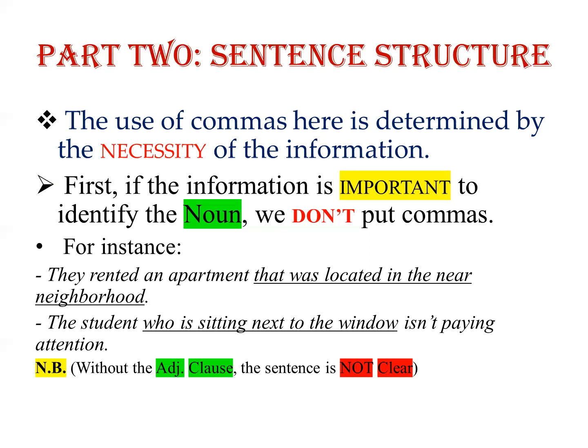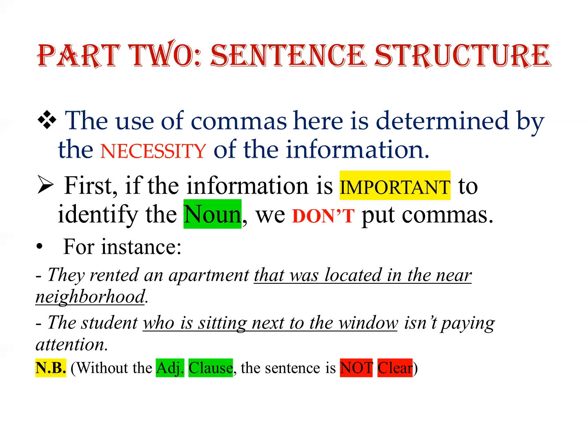Which student are you talking about? The sentence is not clear. It is general. Are you saying that all the students are not paying attention? When you add the adjective clause, who is sitting next to the window, now I understand that there is one student sitting next to the window, and this student isn't paying attention.